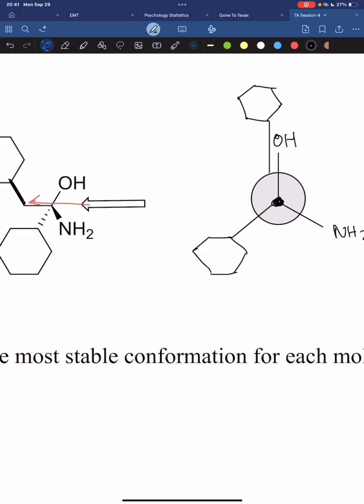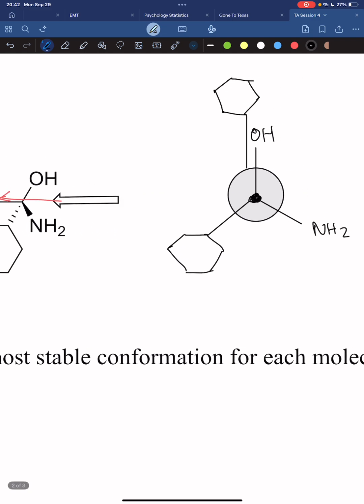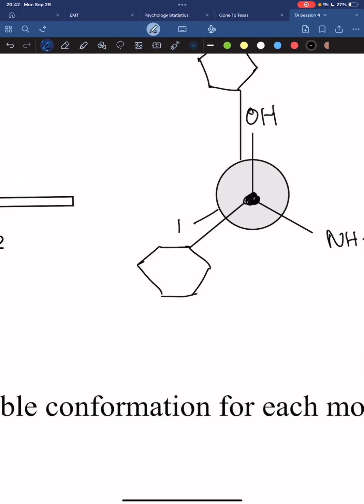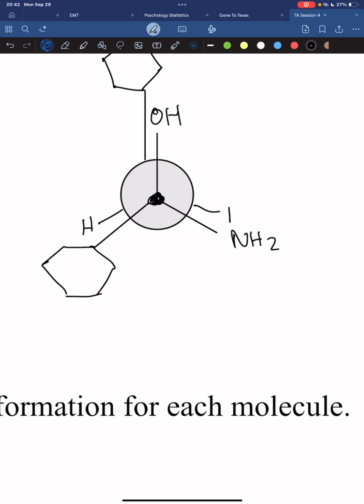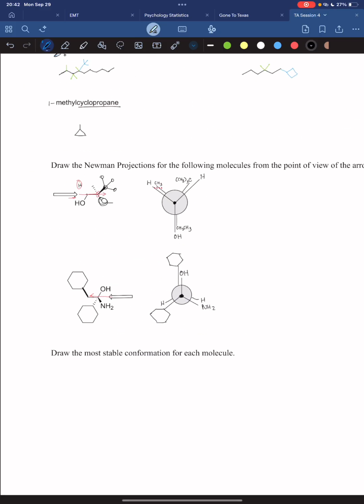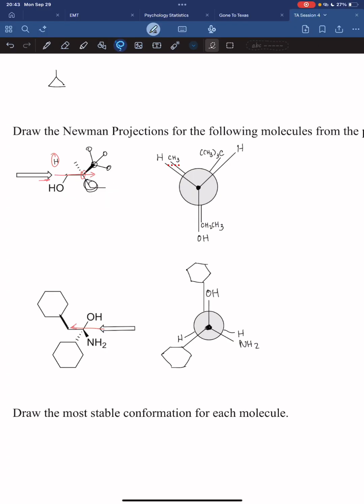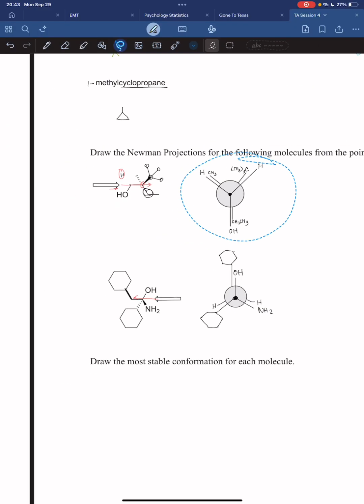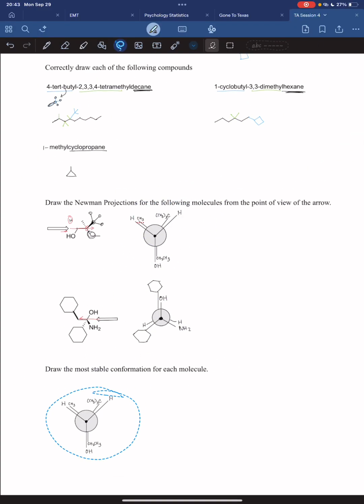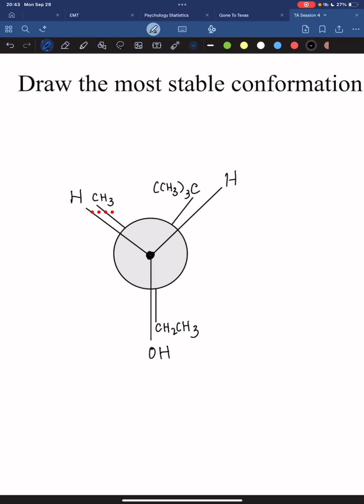And then after that, we just have some implied hydrogens. All right, that's how you draw those Newman projections. All right, so our next step is going to be finding the most stable conformations for each molecule. So generally, that's going to be our staggered positions.